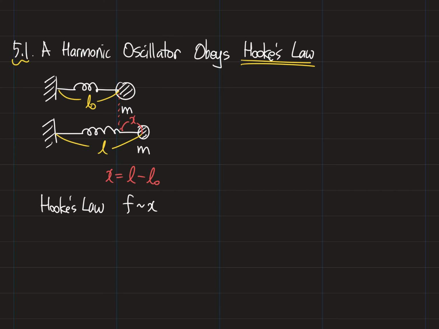So mathematically, we will write as, let's introduce the force constant K, F equal minus Kx. So here K is the force constant of the spring, which is a measure of the spring's stiffness.